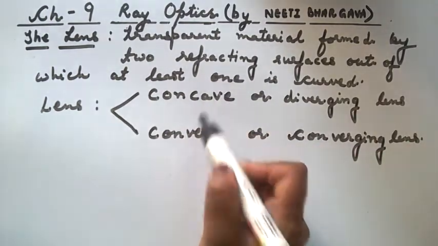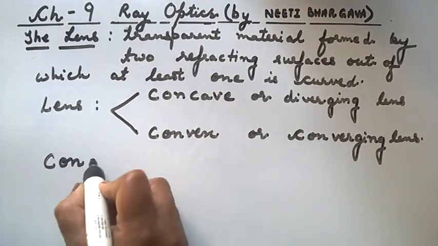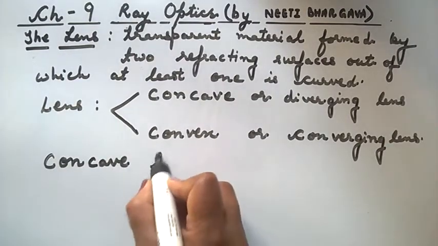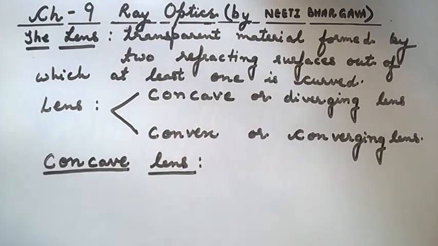Further, this concave or convex are of three types. So let's first discuss concave lens.